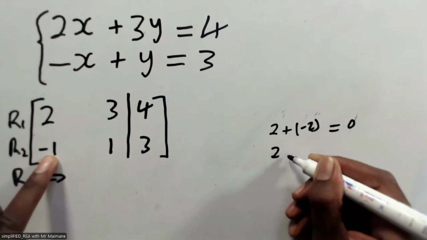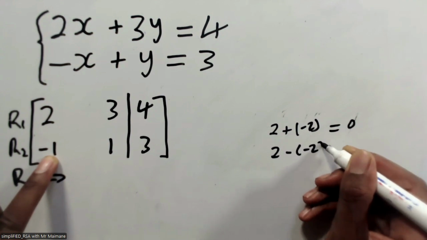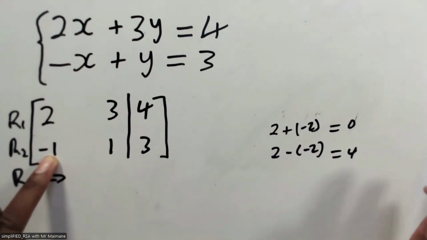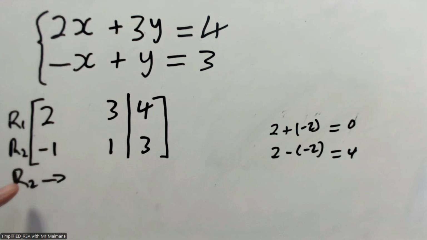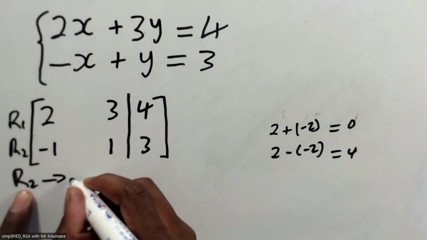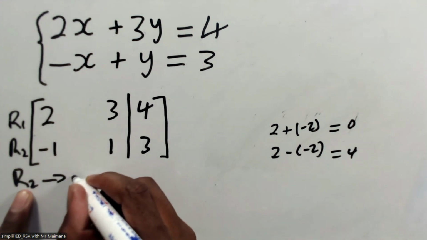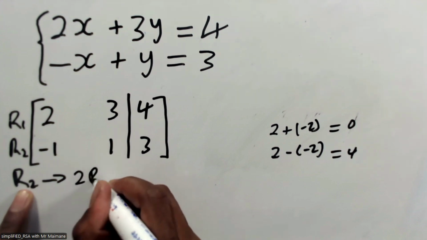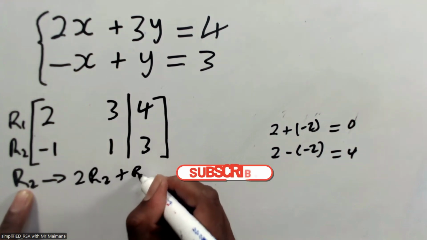But if I say 2 minus -2, then I have a 4, you see what I mean? So it's easier to say row 2 is going to be yielded from 2 times row 2 plus row 1.